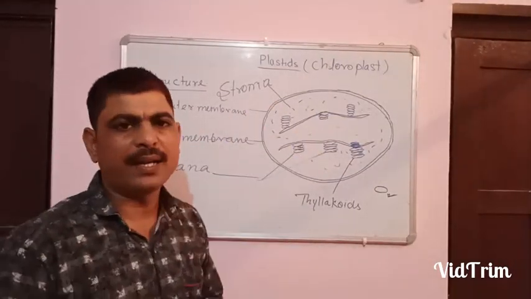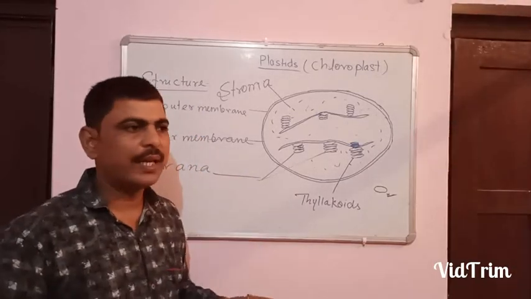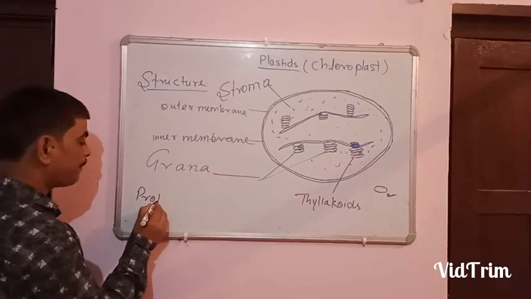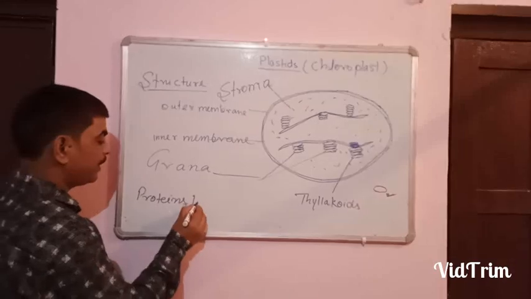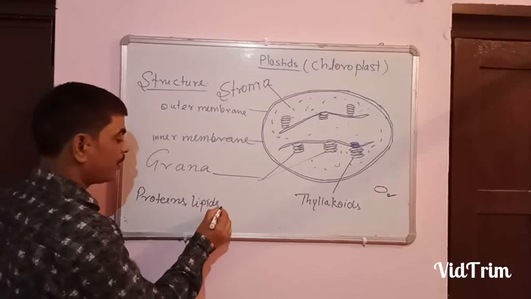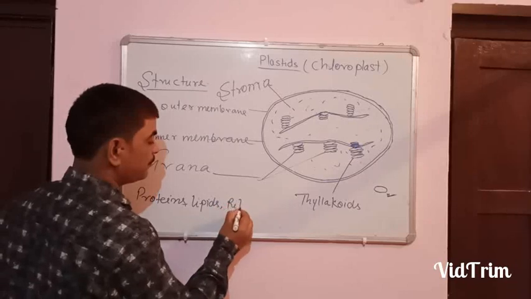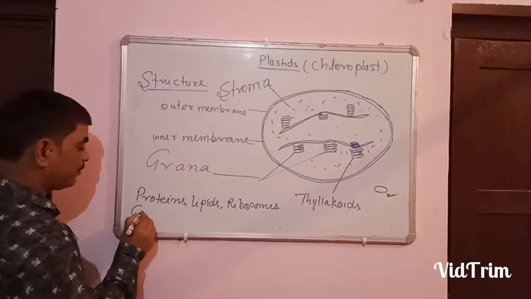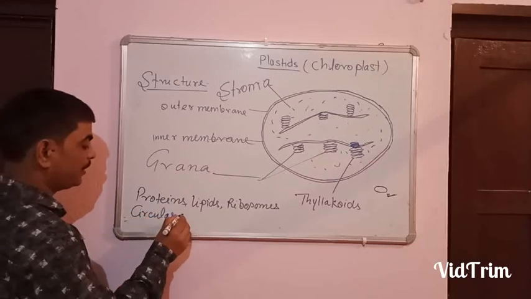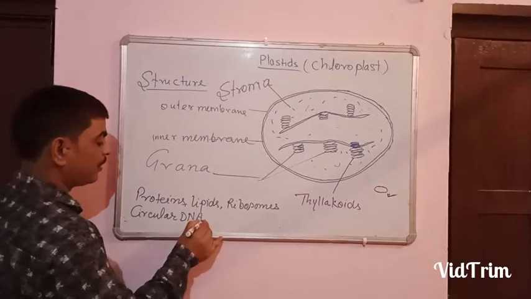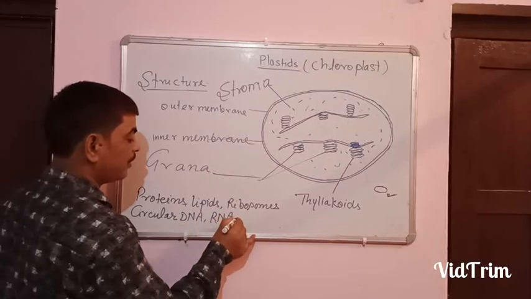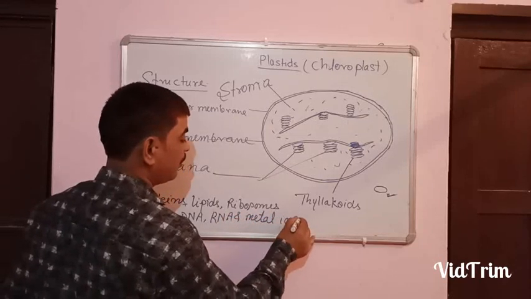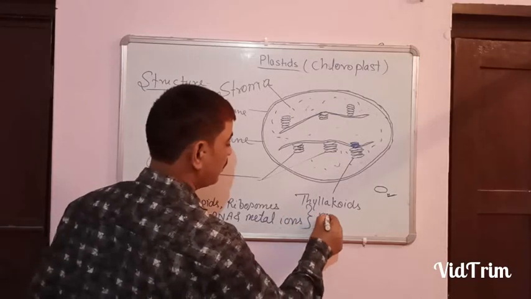The matrix part is colloidal and contains many things like proteins, lipids, ribosomes, circular DNA, RNA, and certain metal ions, and they form the matrix.